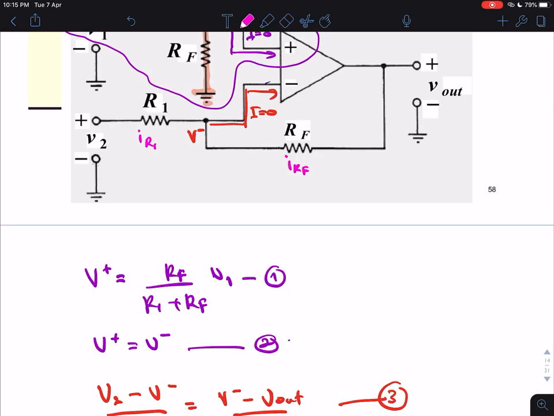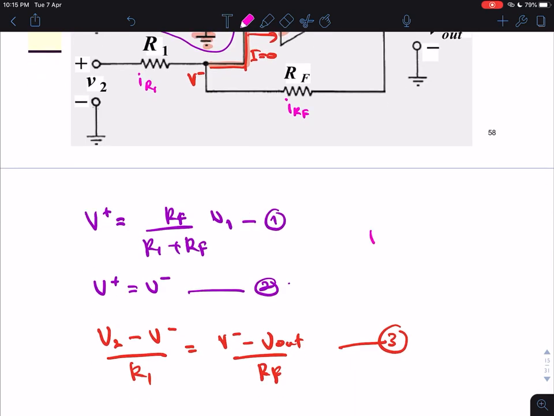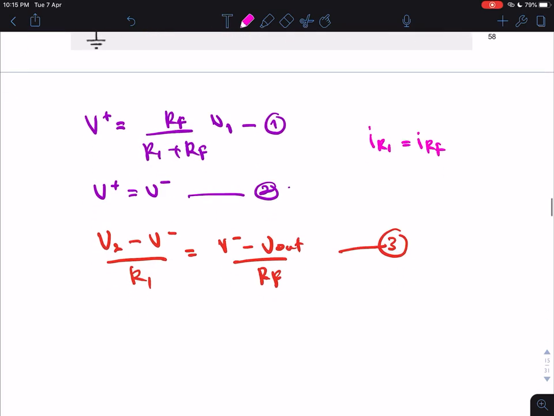Since there is no current flowing into the op-amp, we can say that I R1 equals I RF. That is why we come up with expression number 3.